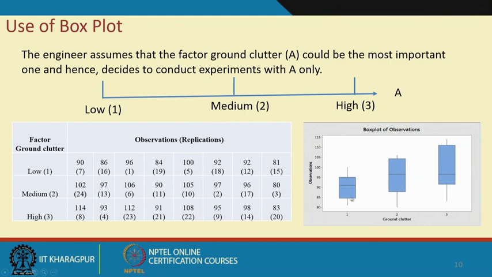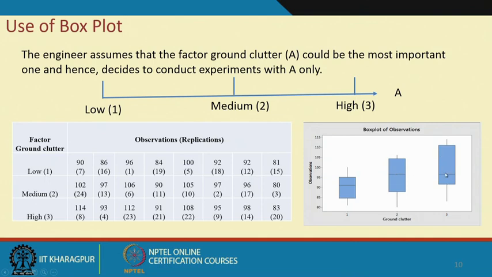You can simply infer that the median value here and the other two are different. Here the median is lower than these two. For this low, the value is just above 90. Here it is above 95. If I consider the mean, it will be somewhere here, here and here.